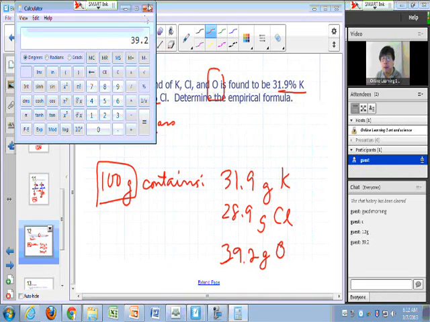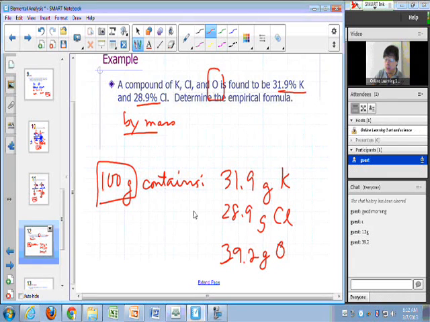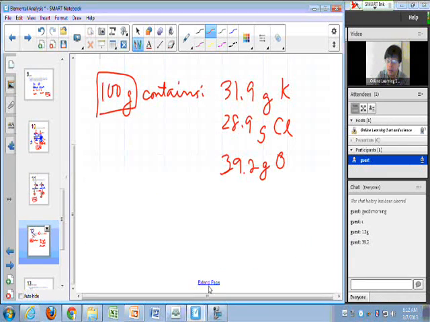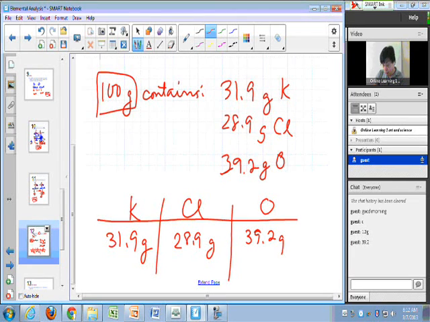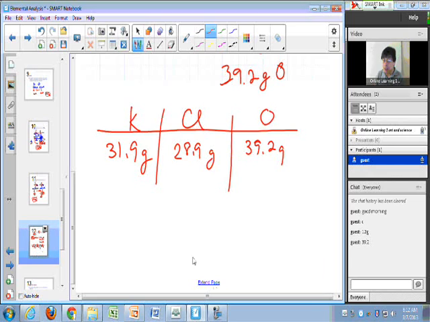All right. So this is similar to the problem we had earlier, except that we have 3 elements: potassium, chlorine, and oxygen. So you have 31.9 grams is to 28.9 grams is to 39.2 grams. Okay? Now what do we do next? These are gram comparisons.